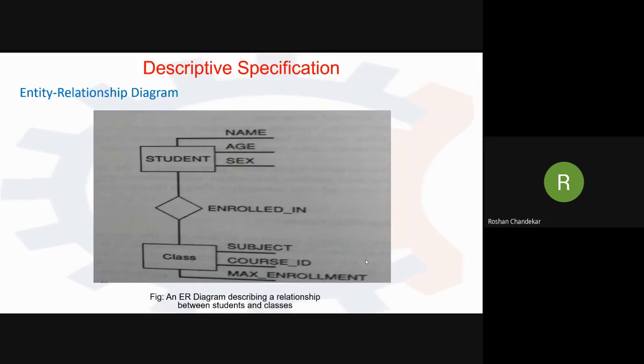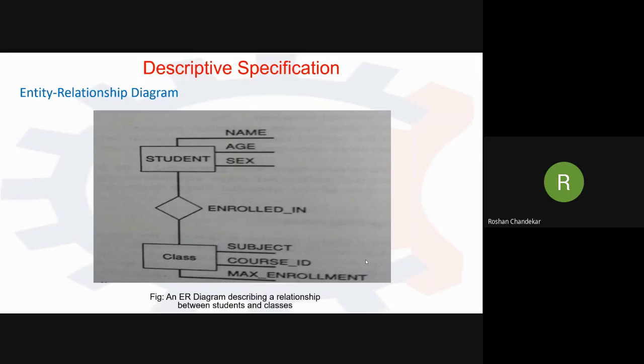This ER diagram describes the entities student and class with the relationship enrolled in. There are two entities: student is one entity and class is another. The enrolled in relation may hold between a student and a class.